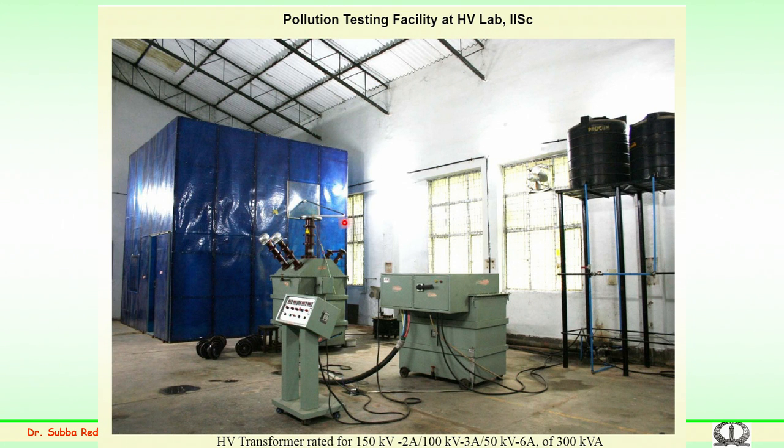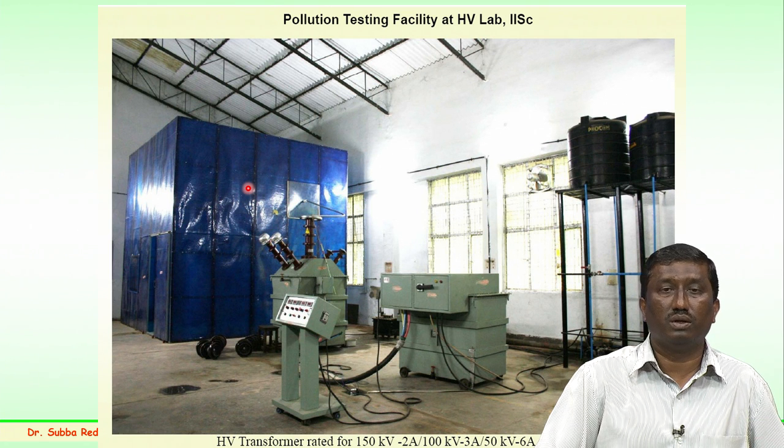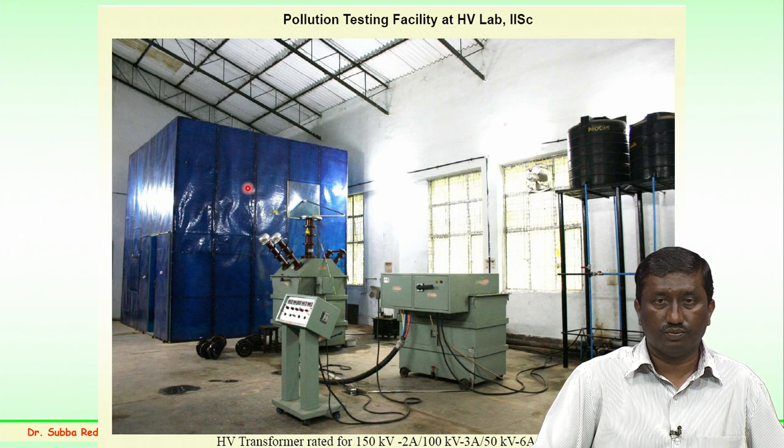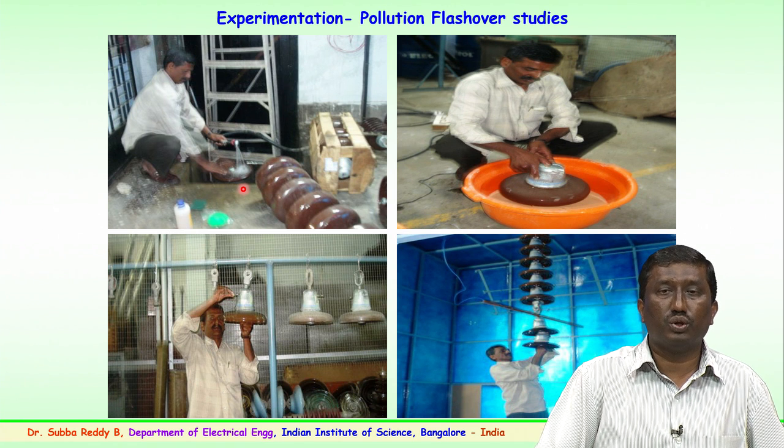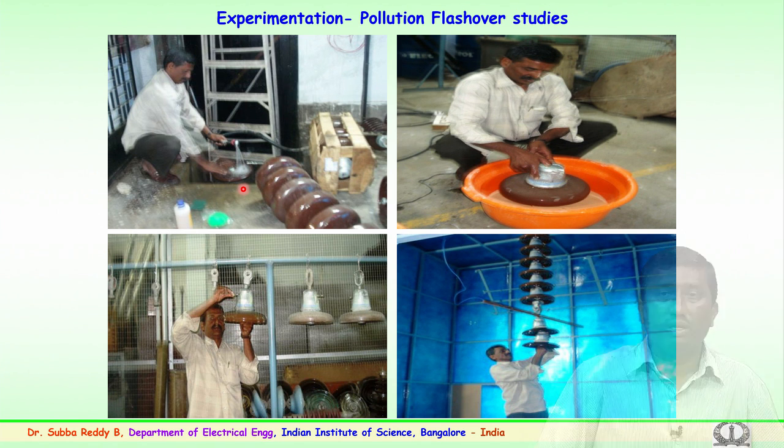From the bushing of the transformer, a special high voltage lead is taken inside the chamber consisting of the fog nozzles, and the pollution facility consists of a 5 meter cube chamber where the experimentation is carried out for various types of discs. So, the procedure as per international standard is being employed for the ceramic insulator disc, and the pollution or contamination coating is normally carried out.